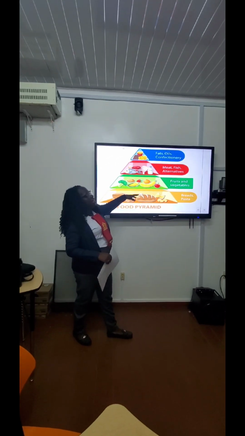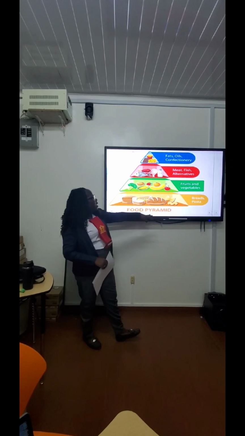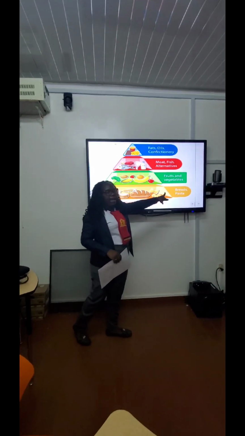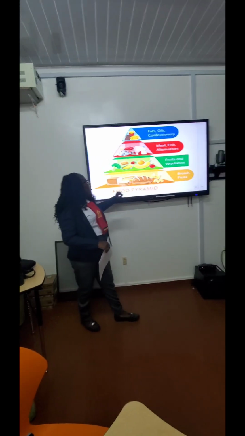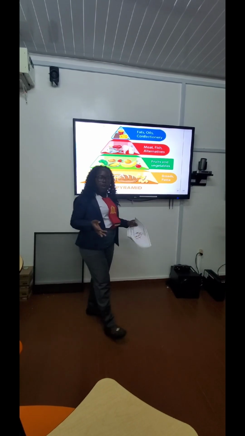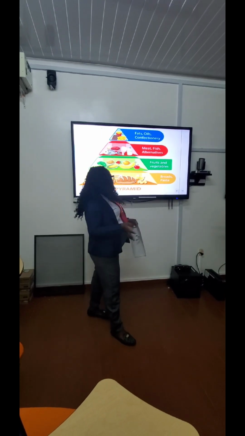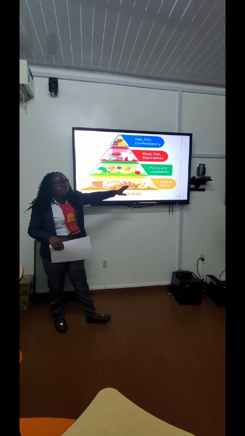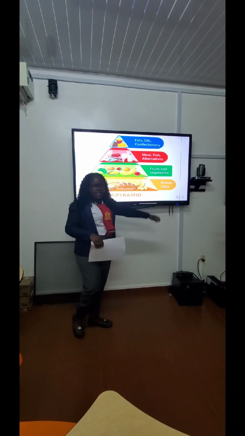Then we move down to the last layer of the food pyramid. We see bread and pasta, right? Now, we all know about white flour and there is whole wheat flour. And we know that we can also consume pasta.